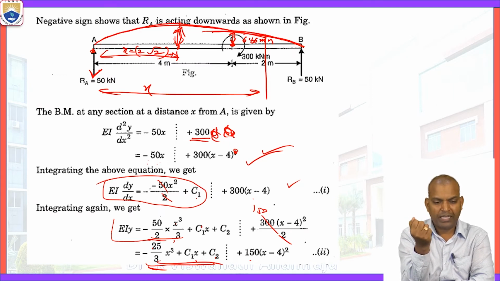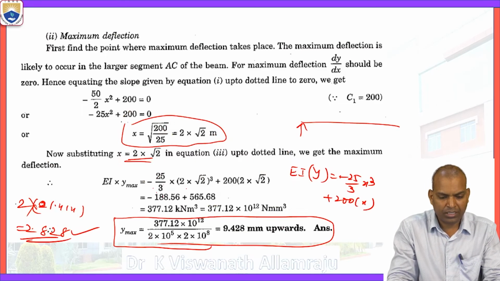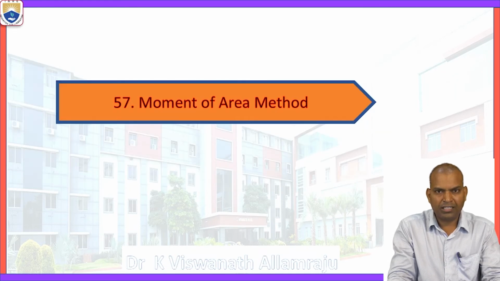By solving these problems, or after attending this class, you can better understand the easiness of Macaulay's method in relation to the double integration method. Now you may get a doubt that there is another method.